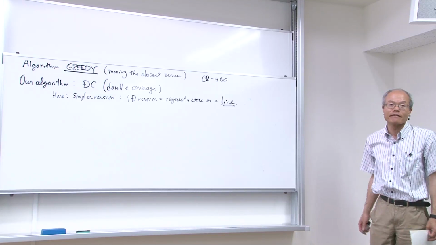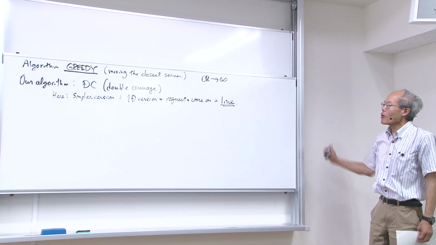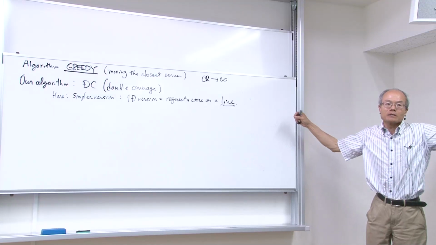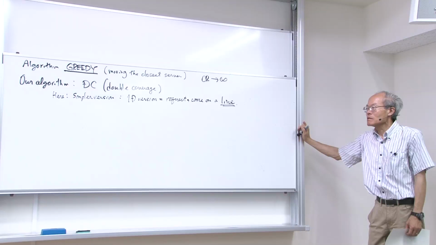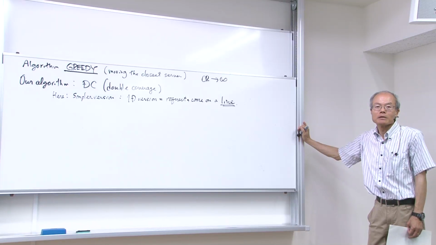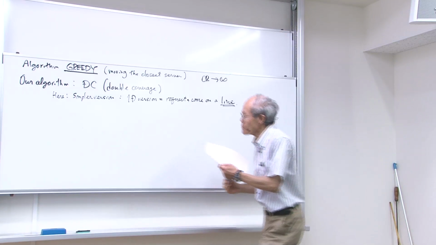That is a one-dimensional version, meaning all requests come on a line. Why? Because this is much simpler.